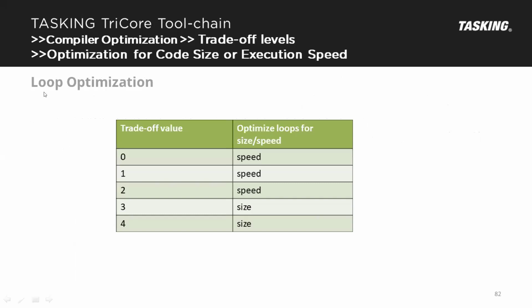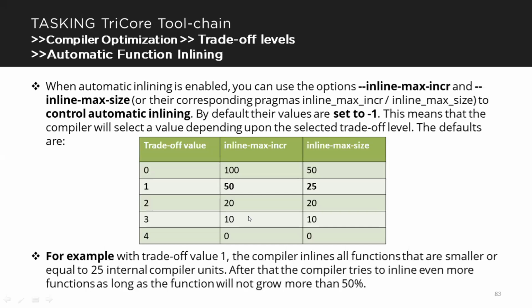All right, so for loop optimization, the trade-off also has an impact. If it's 0, 1, or 2, it's speed optimization, and if the trade-off value is 3 or 4, it's size optimization. We will see more regarding this in the coming slides. You will find that the trade-off value also has a big impact on function inlining.